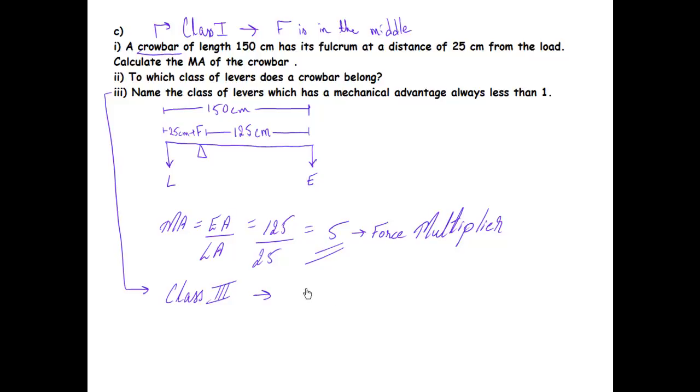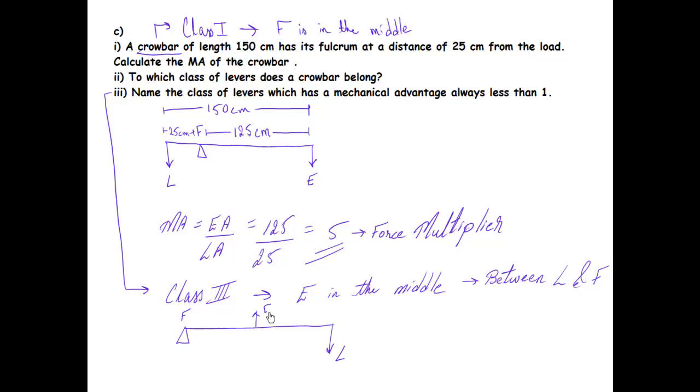And this is so because class 3 levers have effort in the middle. That is, effort is in between the load and the fulcrum, and as a consequence, if I draw the schematic diagram, fulcrum is on one end, load is at the other end, the effort is somewhere in the middle, and effort arm in such a case is always smaller than the load arm.